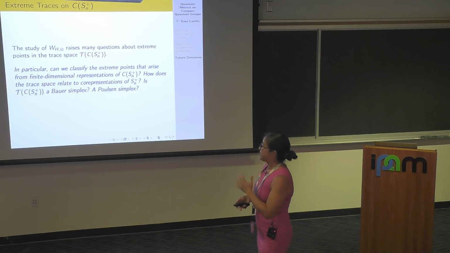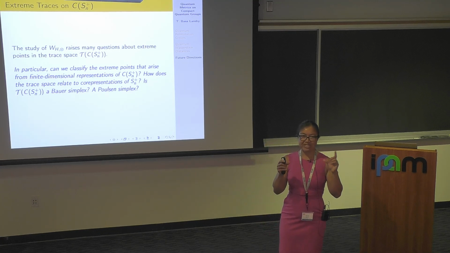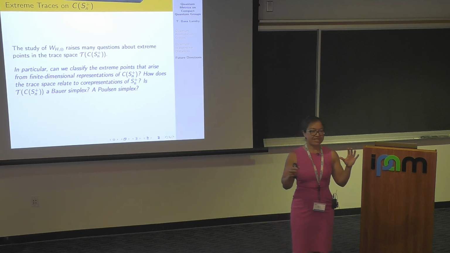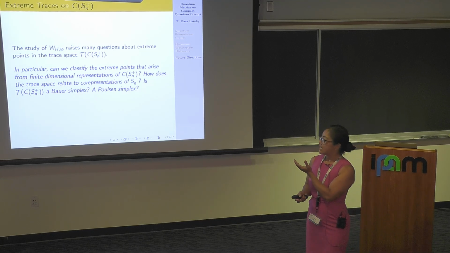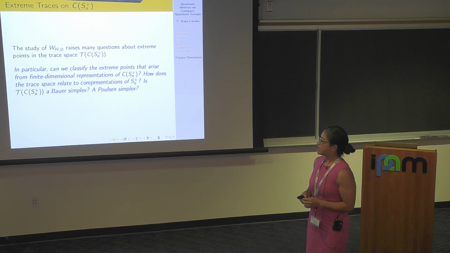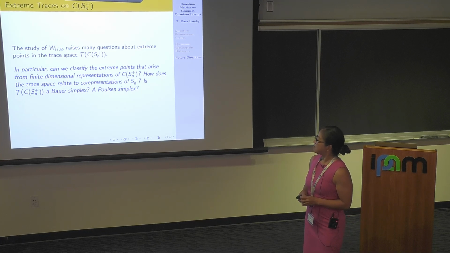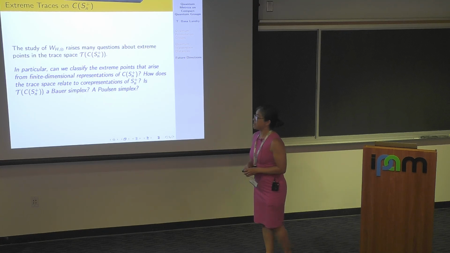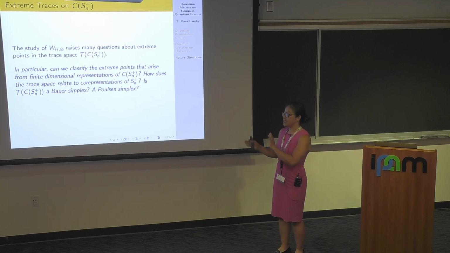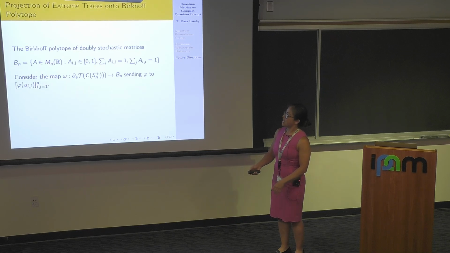And so each of these finite dimensional representations gives a matrix that you can build a trace from. And so how does the trace space relate to these different representations? And does it have the structure of a Bauer simplex or a Poulsen simplex?